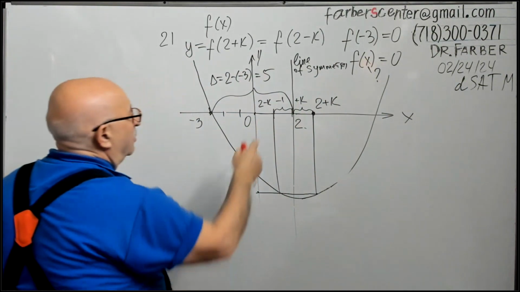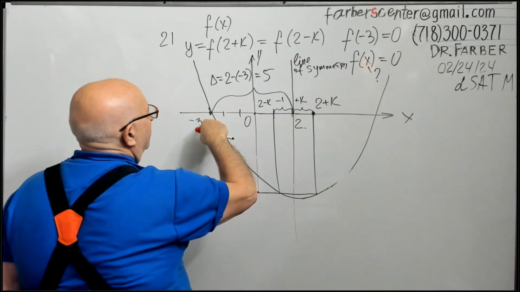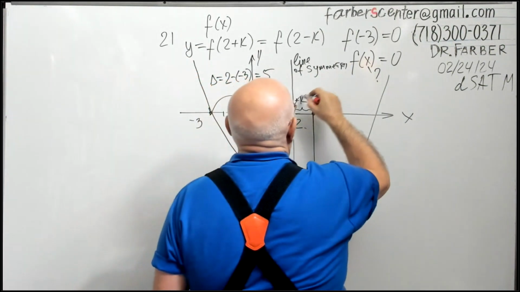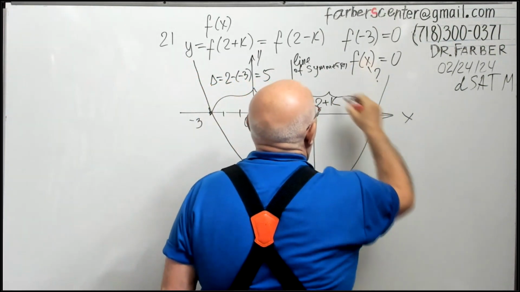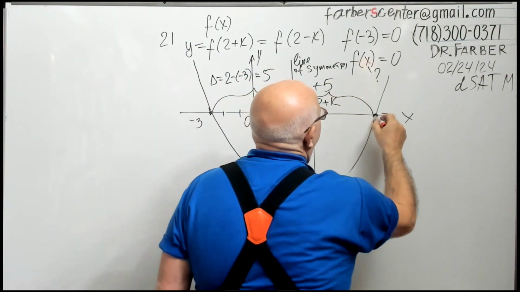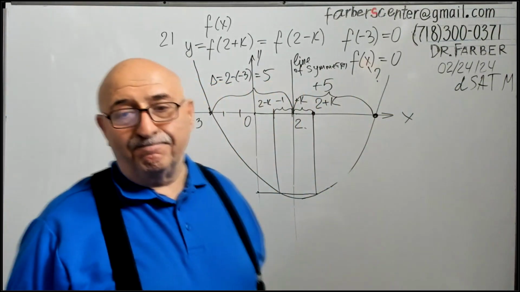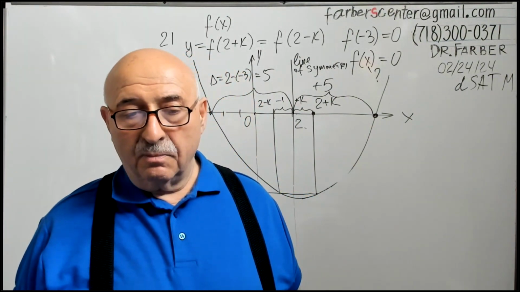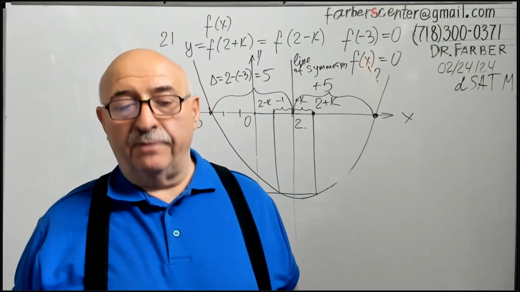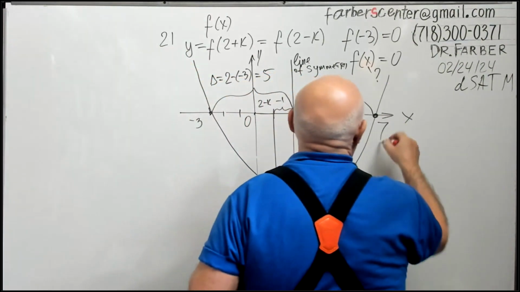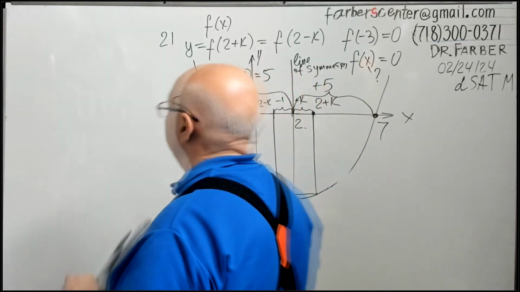So if from 2 you go to the left, you get -3. But since the function is symmetrical, I add the same 5 to 2. And what value will I get here, students? 2 plus 5, 7. And look at the multiple choice. This is 7, based on symmetry.